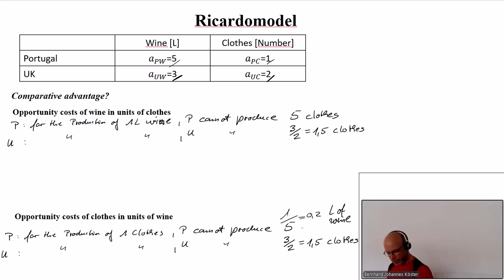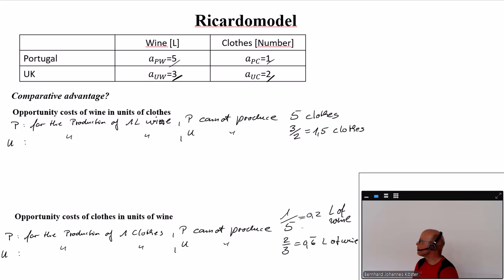And for UK, it cannot produce 2 over 3 equals 0.6 liter of wine. And here I really recommend that you redo it at home because you have to be careful that you grasp this argumentation, measuring one good in units of the other good.